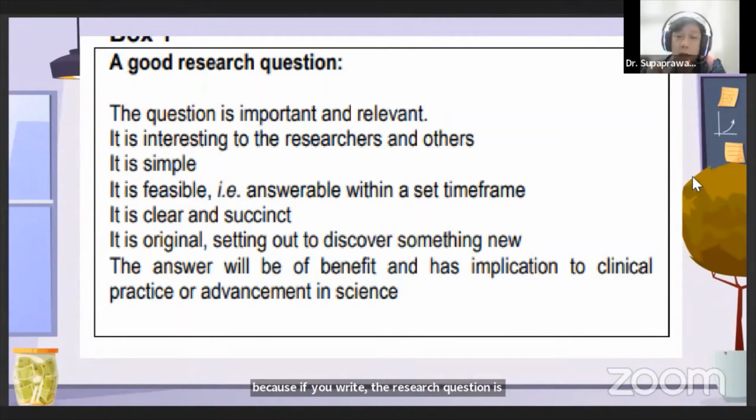If you write many factors in a very short time duration, the researcher could only do a quantitative or qualitative study in the short term, a cross-sectional study. And the good research question should be clear, new, original, and could find the answer.